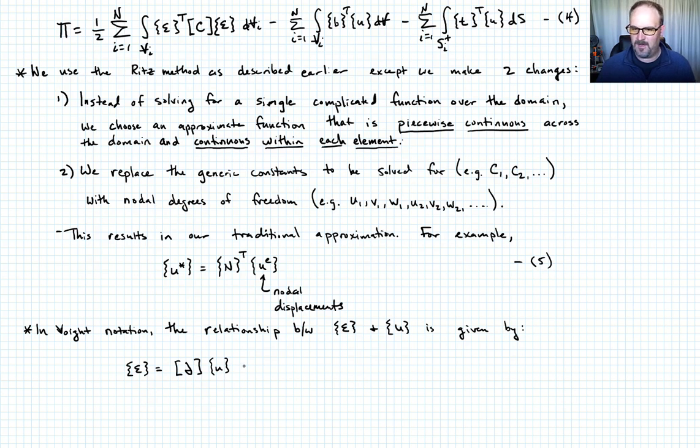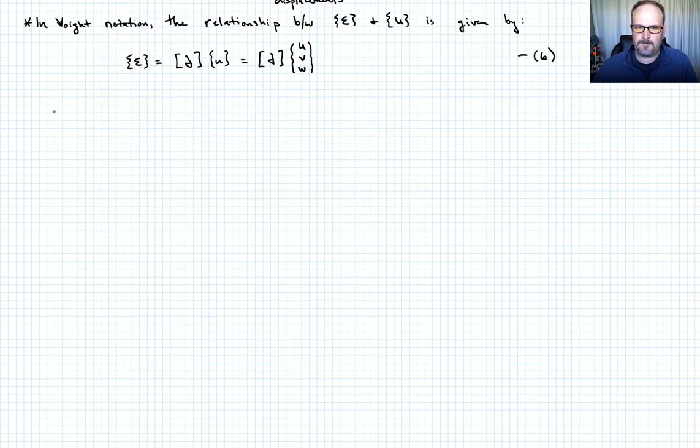What I really mean by u is the u, v, w components of displacement. Okay, so that's how we define strain. Let's call that equation 6. So what does this del matrix, this differential operator matrix, look like?